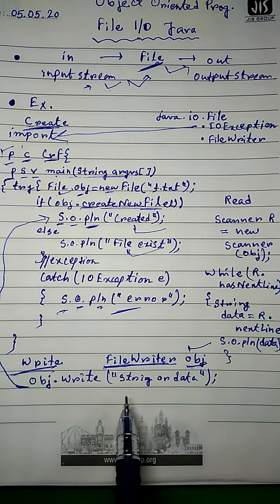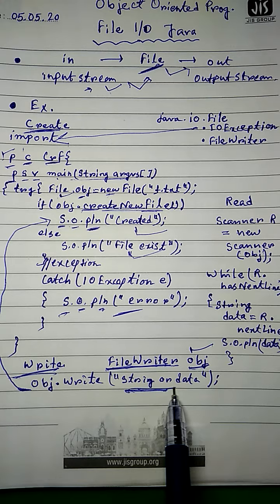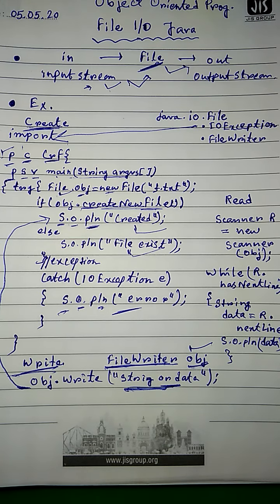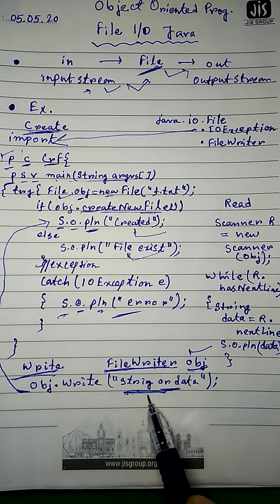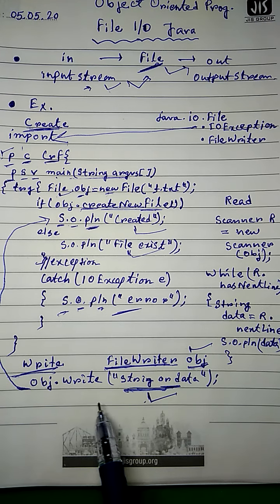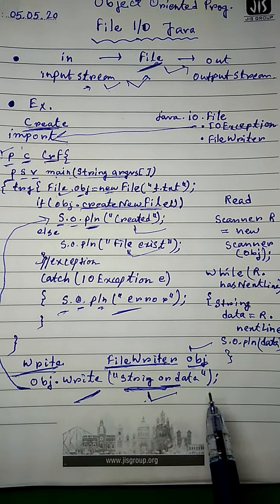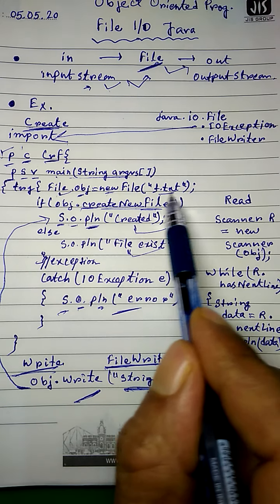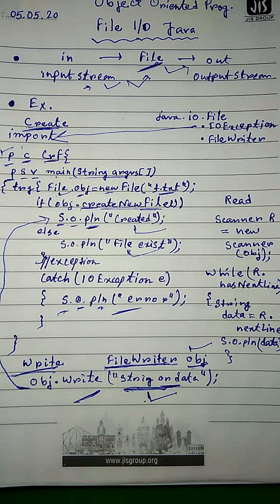Okay, a string or data will be there. You can take it from the user, or here I have written it statically. So in that way, the data will be written onto the file. And suppose this is the name of the file you have already written.